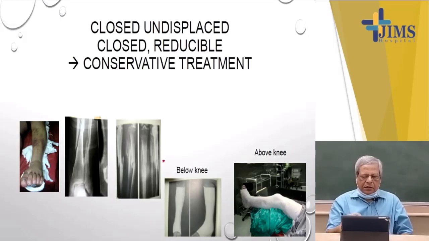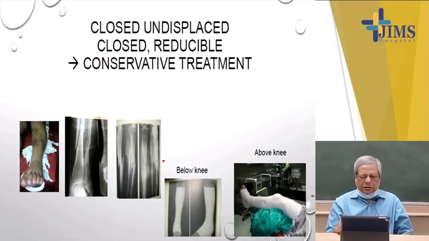This plaster, mostly in case of tibia fractures, we apply the joint above and joint below, an above knee plaster. That is, the knee joint is immobilized and the ankle joint is immobilized. The idea is to immobilize the muscles.